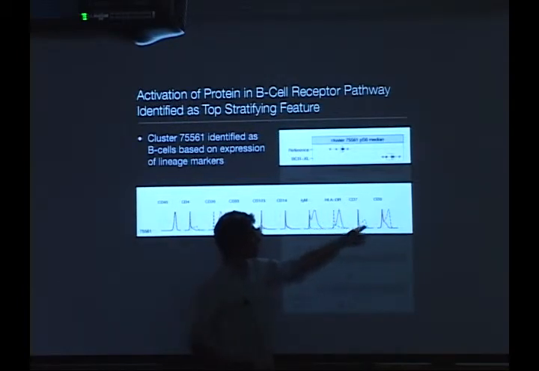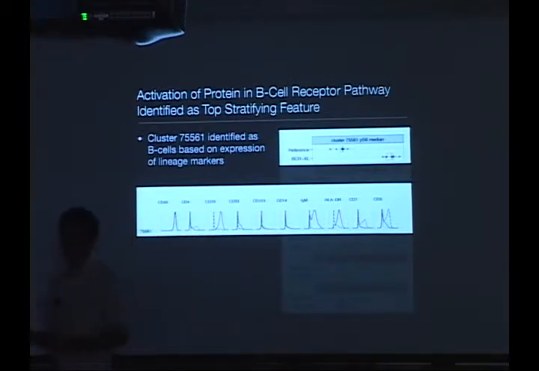It has relatively low levels of CD7 and CD3. And so you show this to an immunologist, and they say, great, you found that S6 signaling in B cells tells you the difference between samples that were stimulated with B cell receptor crosslinker and unstimulated samples.